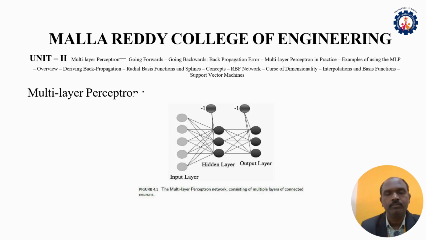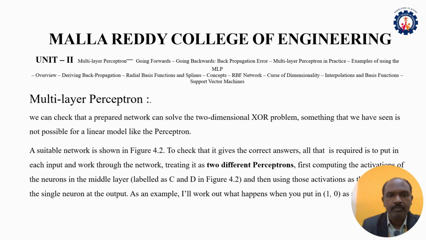We can solve this problem in the multi-layer perceptron with the use of back propagation as well as feed forward propagation, using the hidden layer and output layer also. The figure tells us that the network can also handle a two-dimensional XOR problem, which we have seen in the linear model of propagation.